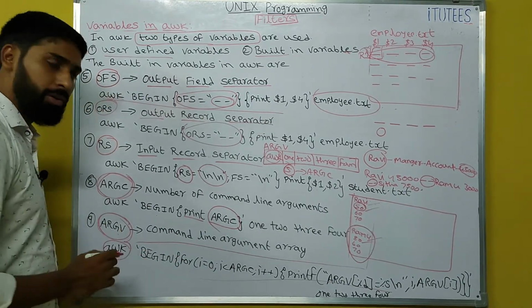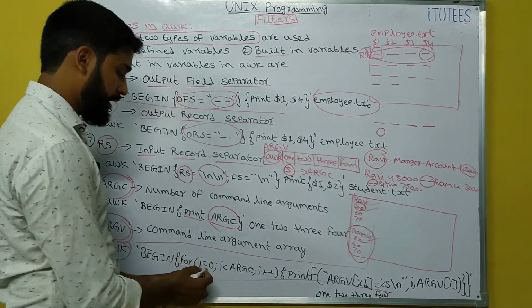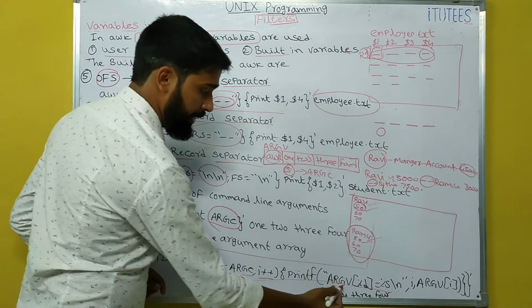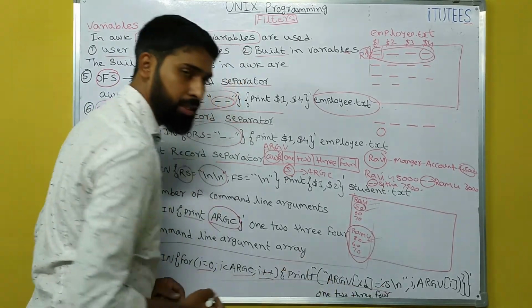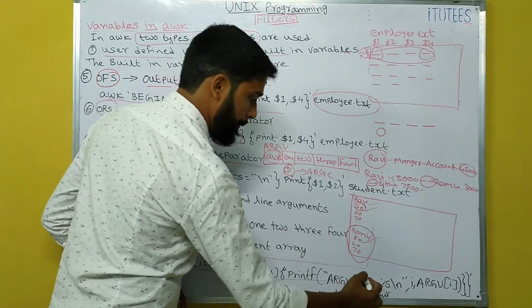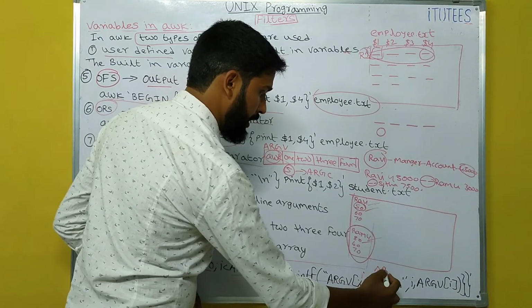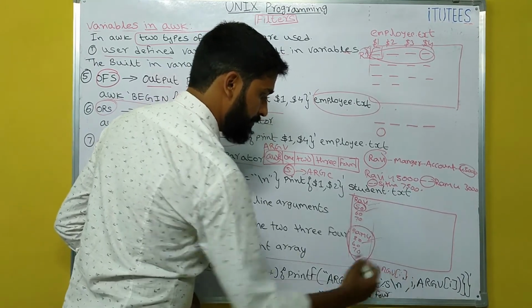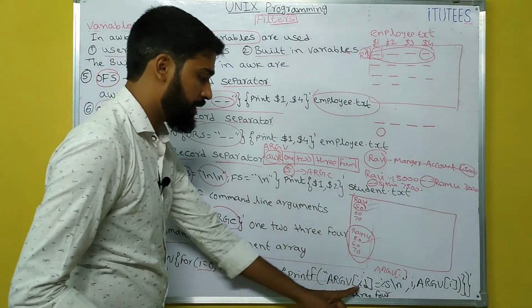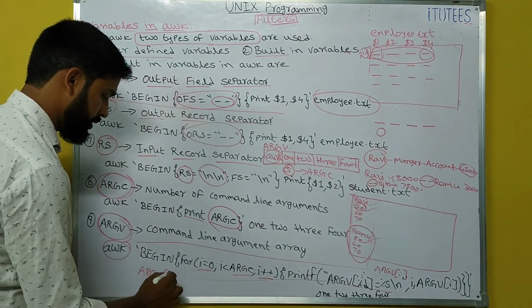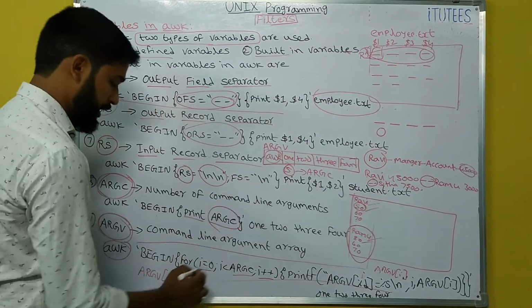We can see AWK BEGIN for i equals 0, i less than ARGC, i plus plus, printf "%d %s", where %d belongs to i and %s belongs to ARGV[i]. That means ARGV[0] equals AWK.